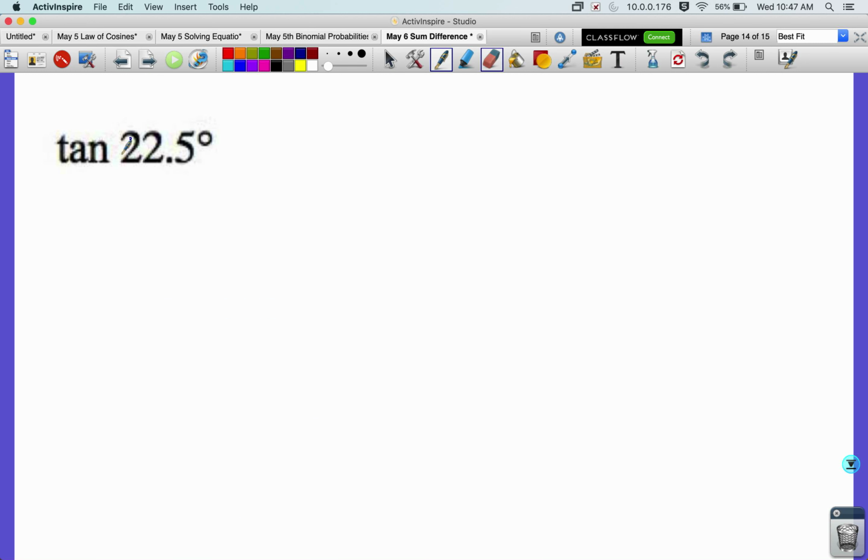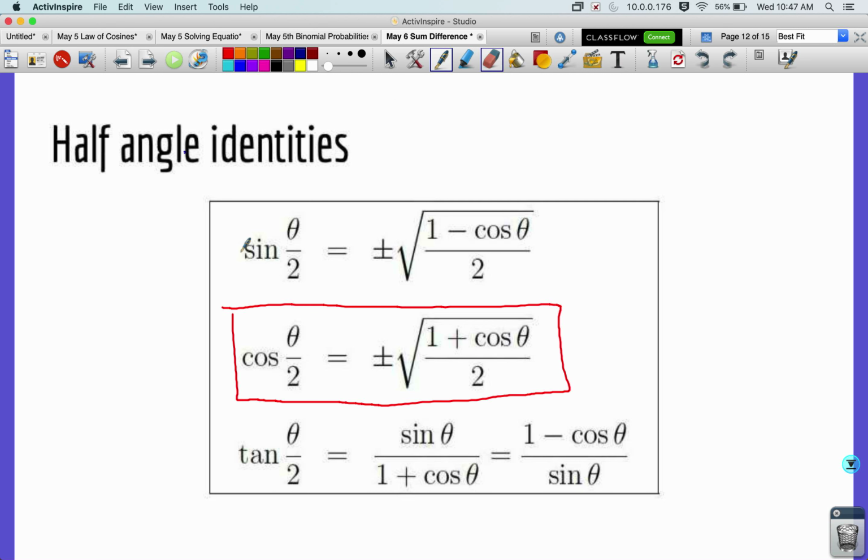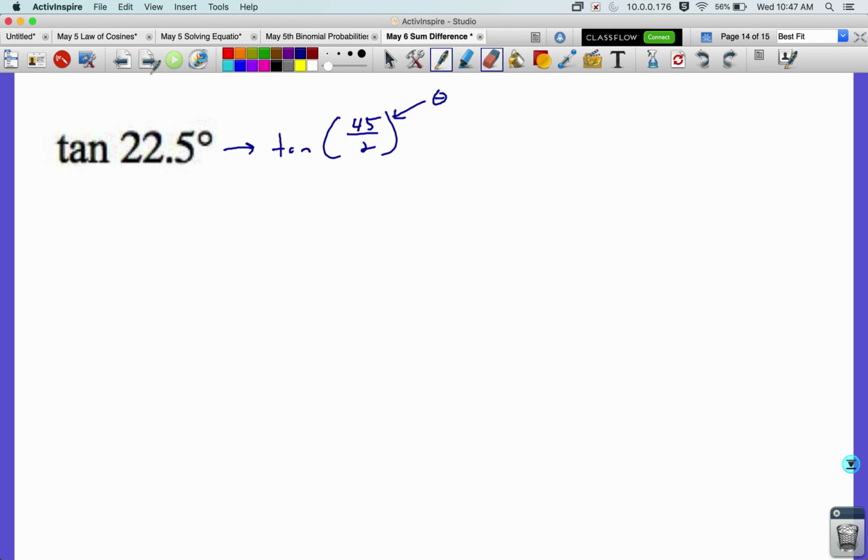Okay, tangent of 22.5. So what could this be rewritten as? This could be rewritten as the tangent of 45 over 2. Now 45 is taking the place of theta in this formula here: sine theta over 1 plus cosine theta.